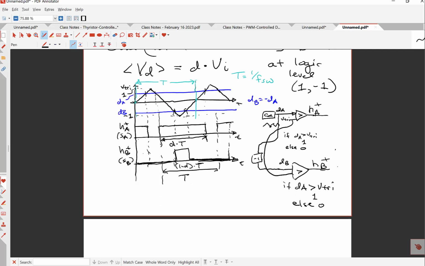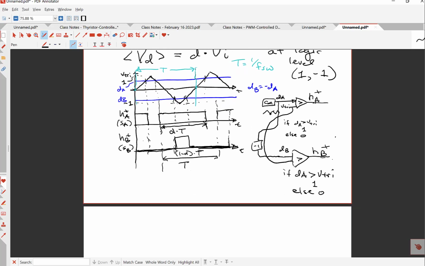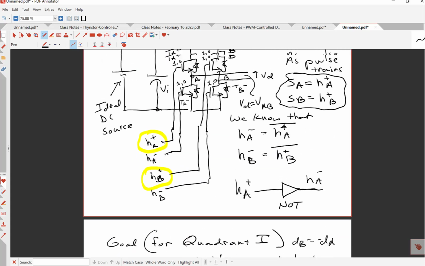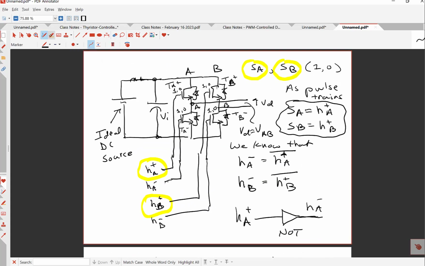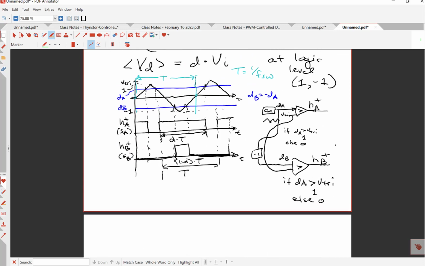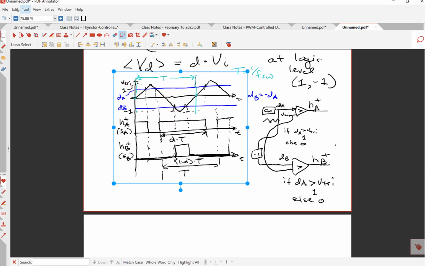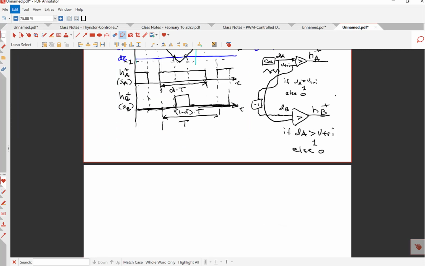So what we really want to understand is how we get the synthesis of the voltage between point A and point B. To do that, let's take this waveform here. It's not as clean as I'd like it, but you get the idea.